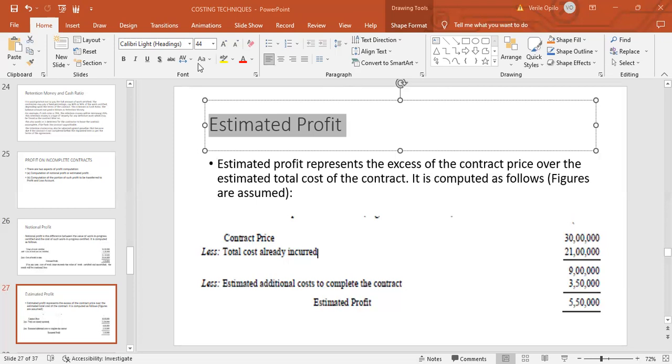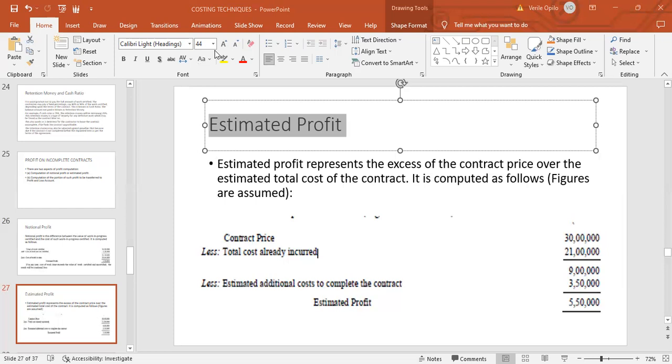For this particular work, how much have you agreed with your client as the total contract price? And then also you're going to see how much is the total cost that the business has already incurred. This one, you're going to deduct from the total contract price.